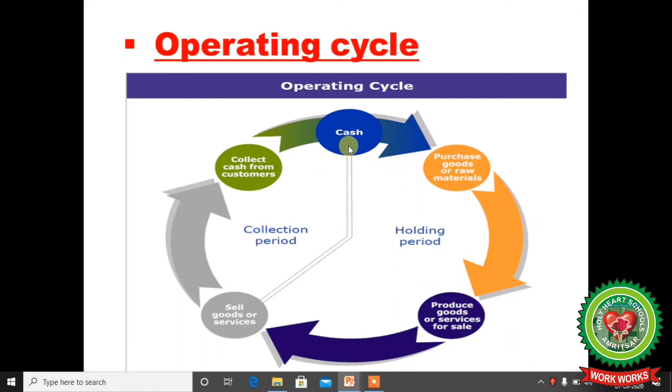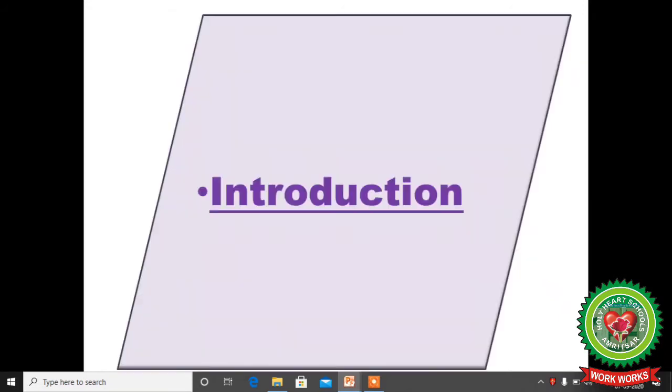See, firstly cash, you use the cash, purchase the goods or raw material and then produce goods or services for sale, and then sell goods or services, at the end collect cash from the customer and again cash is generated. This cycle is considered as the operating cycle in the business.